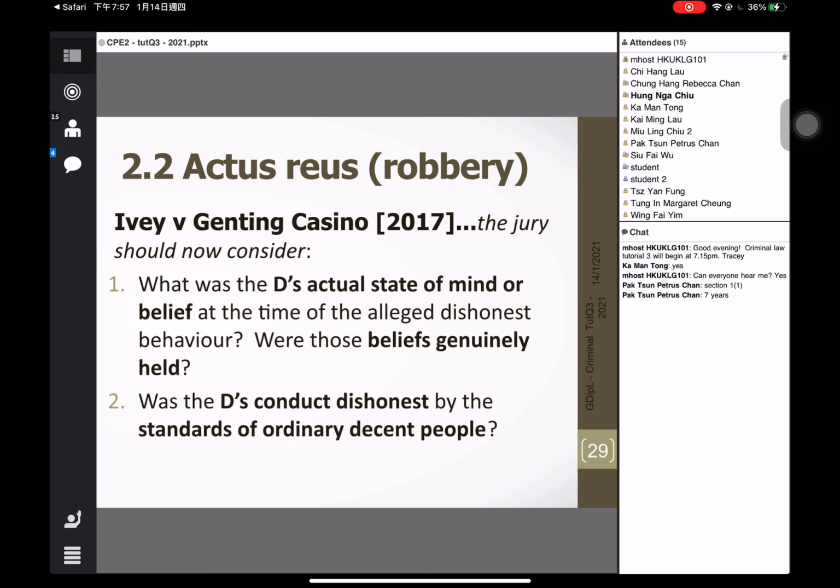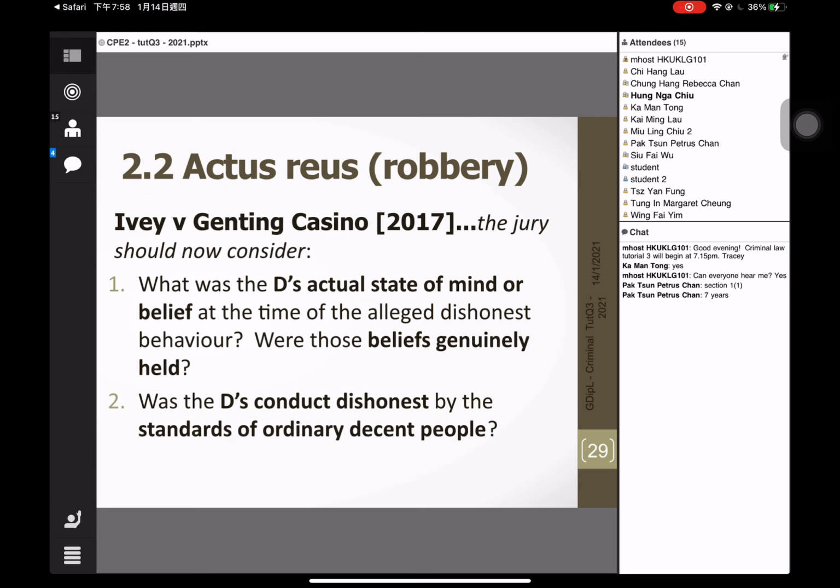But the argument before the court by the casino was that this edge sorting technique was essentially a form of cheating within Section 42 of the Gambling Act 2005. And so, if it was a form of cheating under Section 42 of the Gambling Act, then it was in breach of an implied term of the contract between the parties, to play or gamble without cheating.